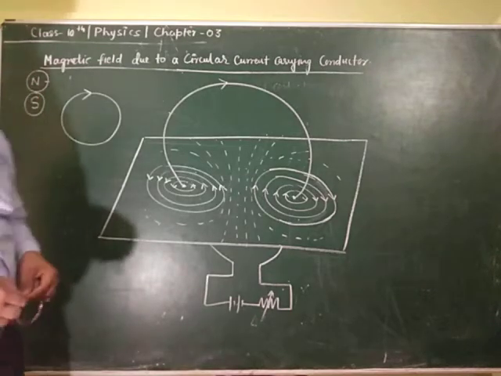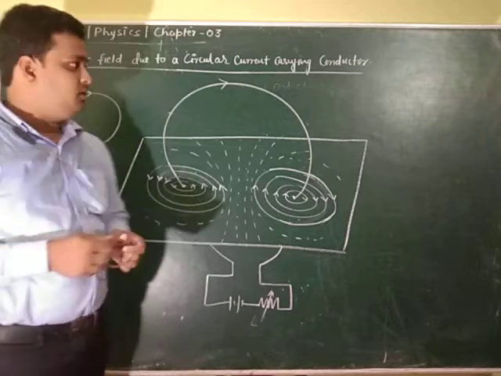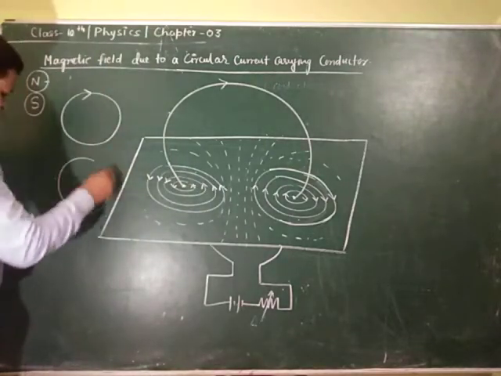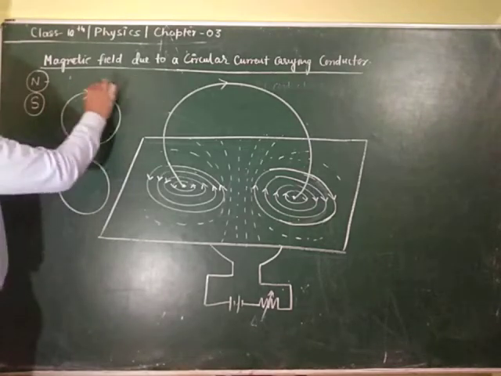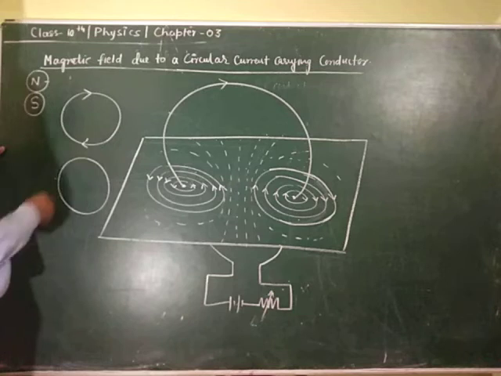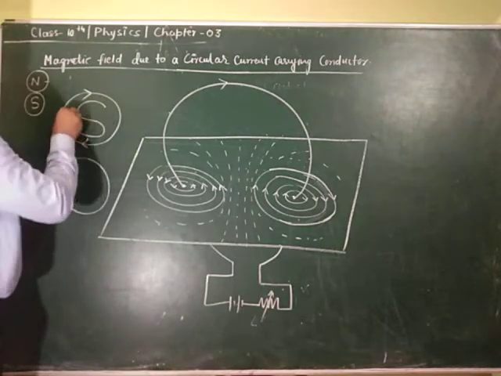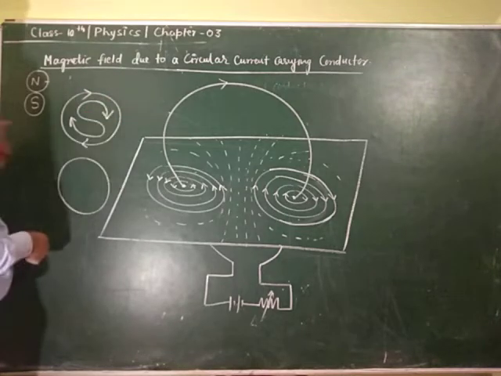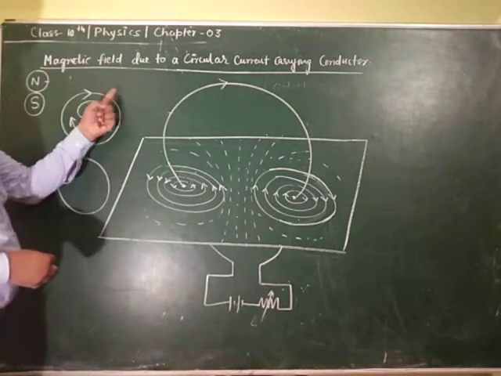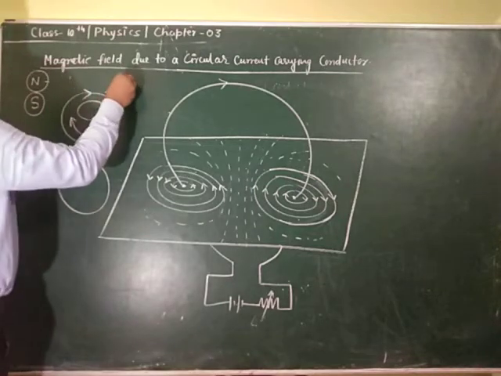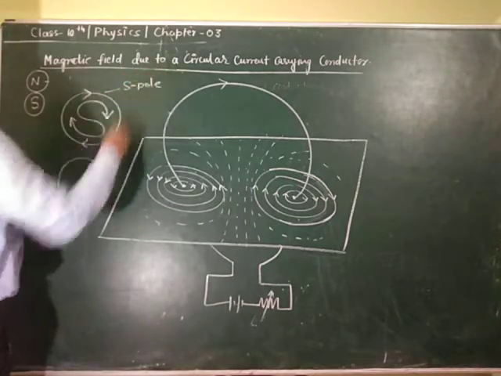But the question here is, how can we know this? So there is a rule. If the current is clockwise in this direction, make it S like this. Means if the current is moving in this direction, the upper face is indicating the south pole.